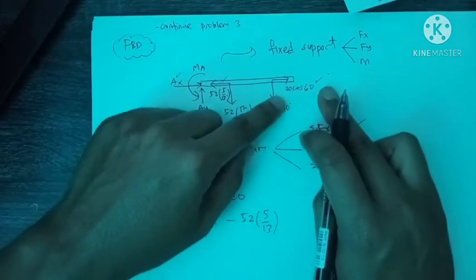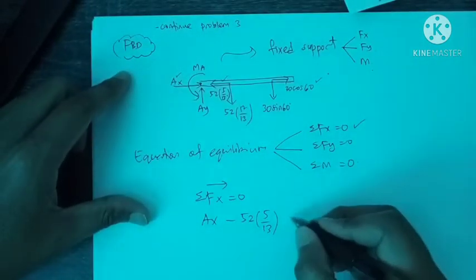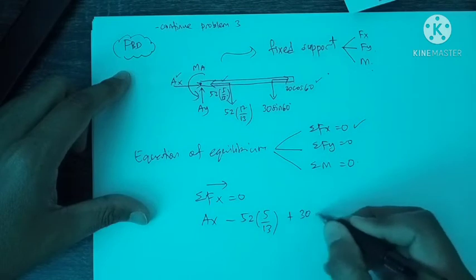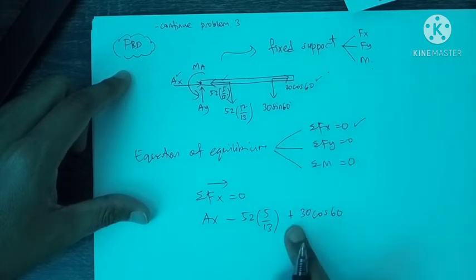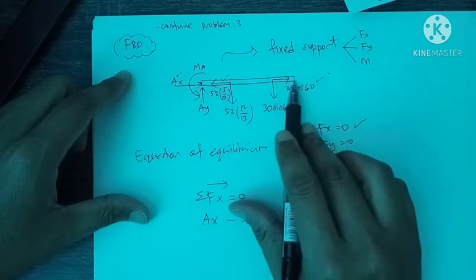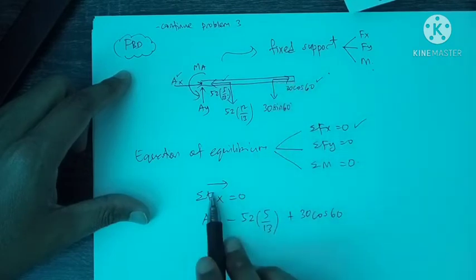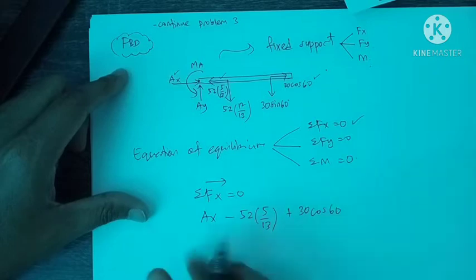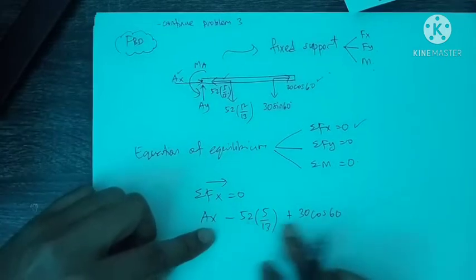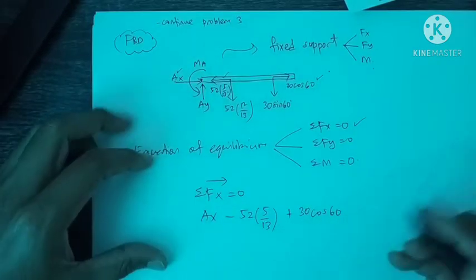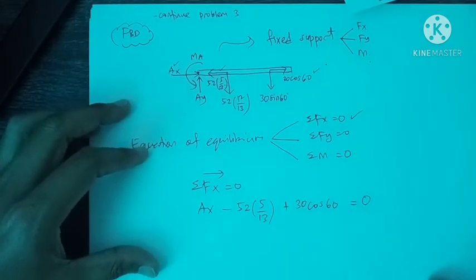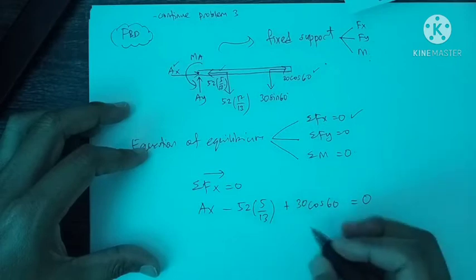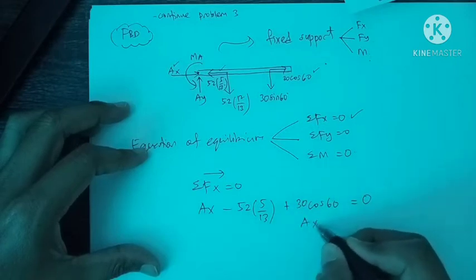And then the third one, positive 30 cos 60, positive because the direction is to the right, same as what we assume here. So all the force in x direction for equilibrium must equal 0. By calculating all these values, we can get the value of AX.